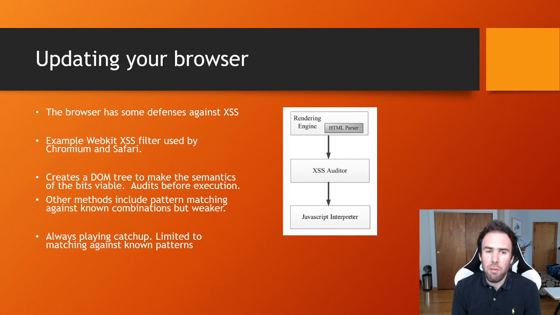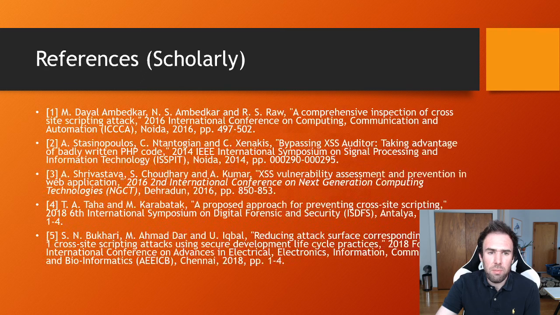So looking at it from both angles, when people have these leaks, your browser is able to react to it, and making sure that you have the most updated browser is going to make sure that these auditors inside of Chrome, Safari, Firefox, they're going to be able to catch them and not execute them on your page before it loads.